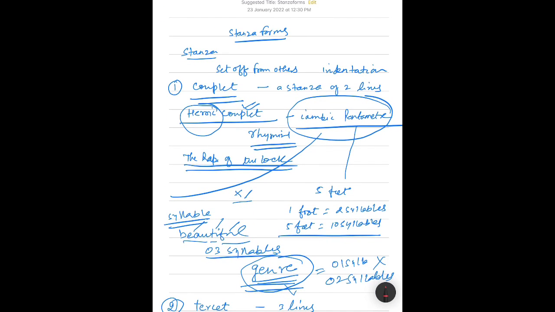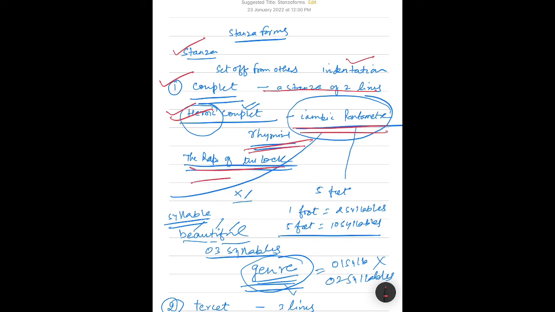Very quickly, just look at what is the meaning of a stanza. As I told you, the stanza is basically a group of lines that form a unit in verse. Generally, it is set off from others by a blank line or by some indentation. Various stanza forms: couplet, stanza of 2 lines; heroic couplet, stanza of 2 iambic pentameter lines, and these lines are rhyming with each other.